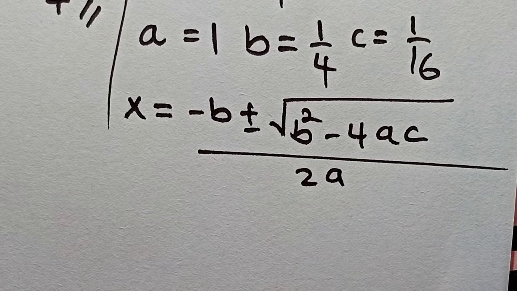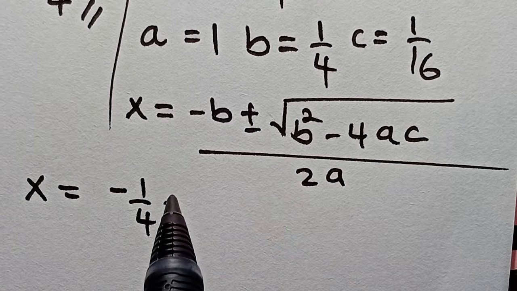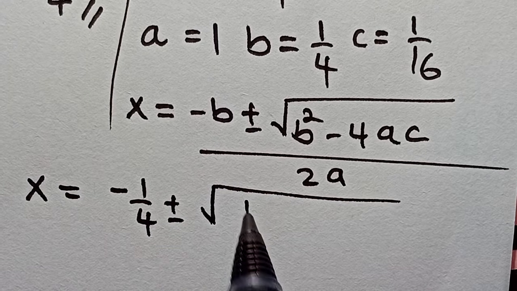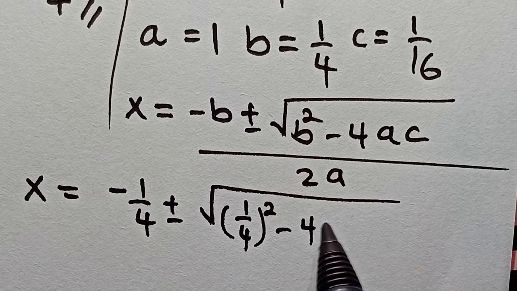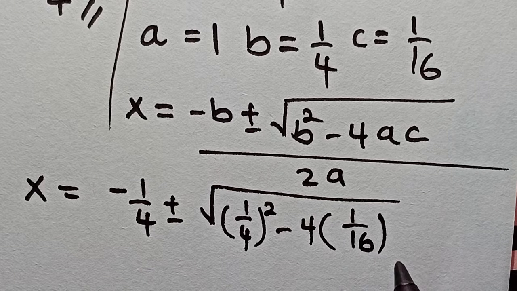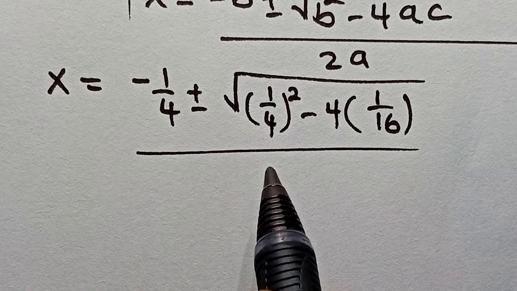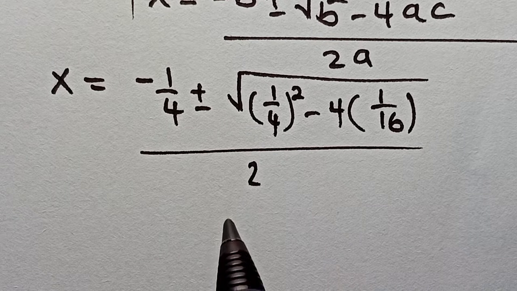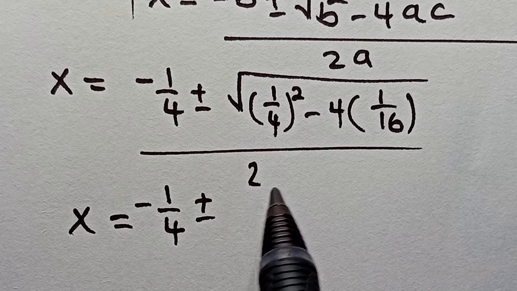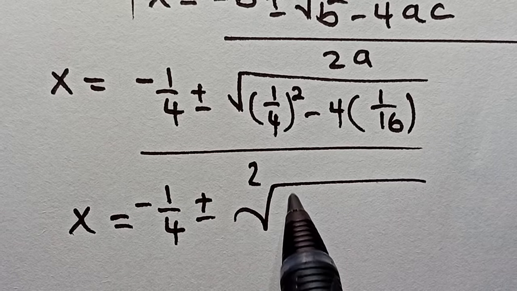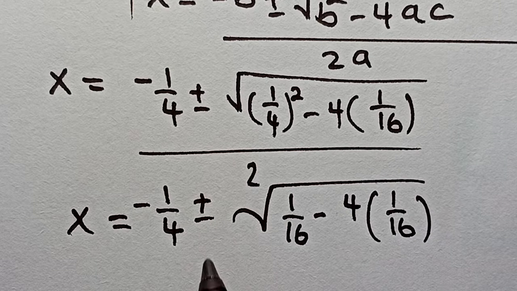So we have x equals minus 1/4, positive or negative, square root of (1/4) squared minus 4 times a, which is 1, times c, 1/16, over 2 times 1.